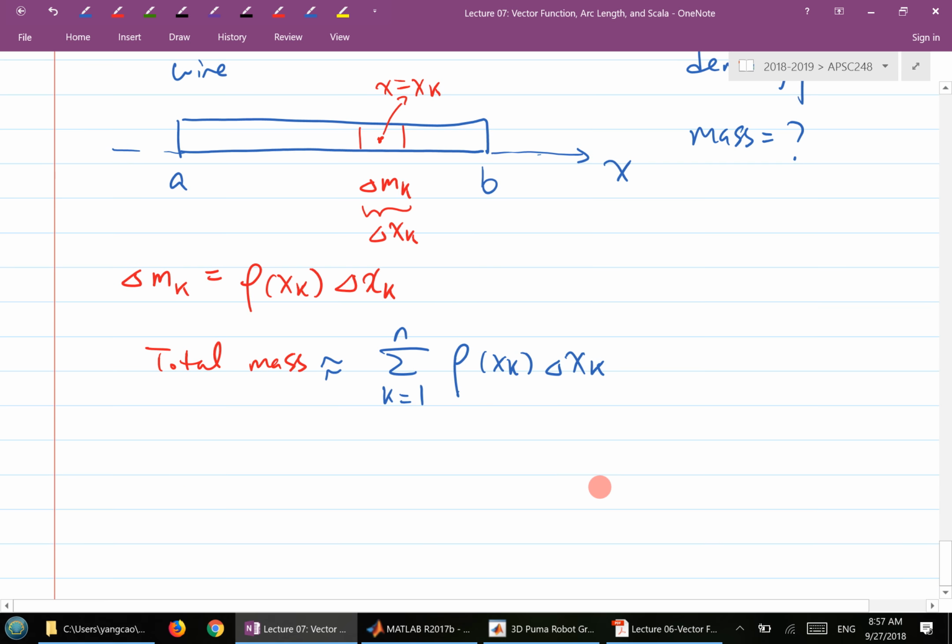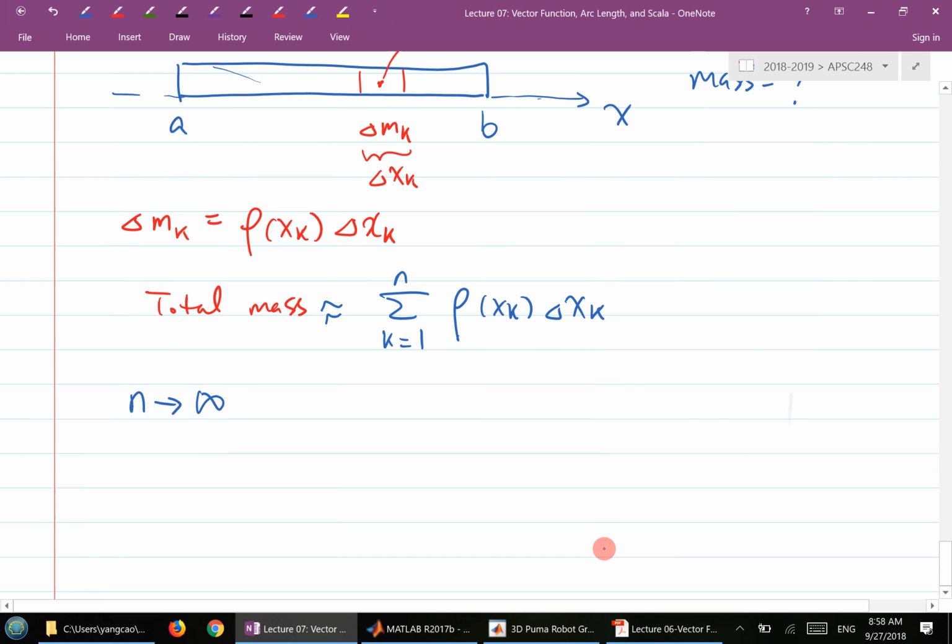But if we need an accurate calculation, then what do we do? To make it more accurate, we let the number of small segments go to infinity. Then you have an exact mass calculation of this piece of wire.